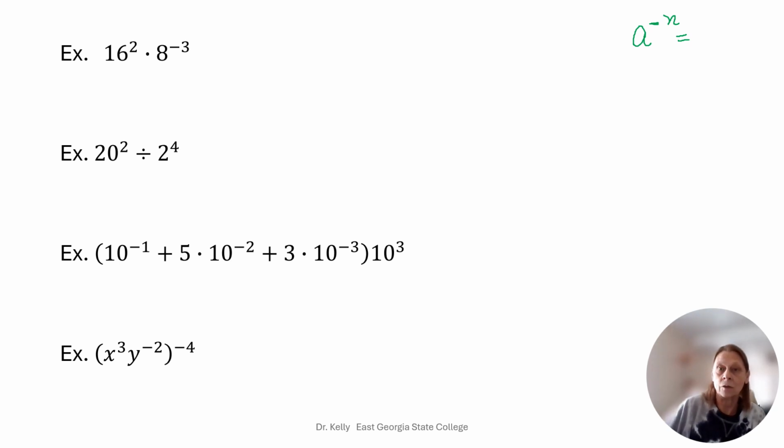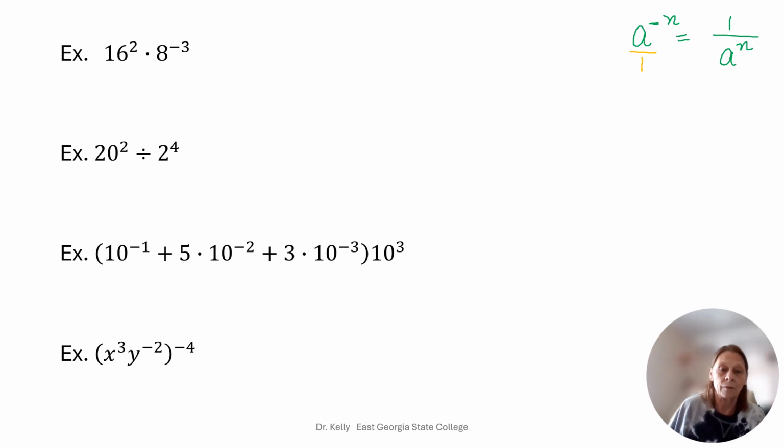So a to the negative n is 1 over a to the n. All right, so the idea is that the negative causes the base to change position in the fraction. Remember, any whole number is also a fraction, so it kind of changes position.